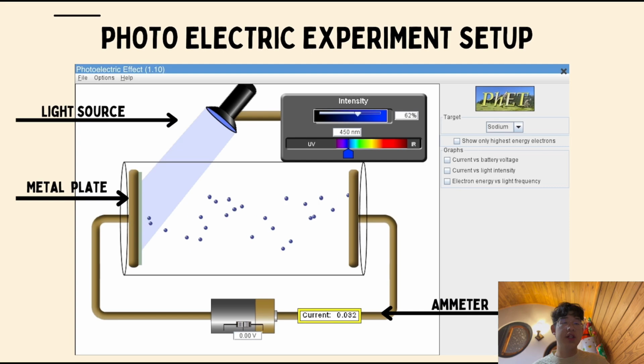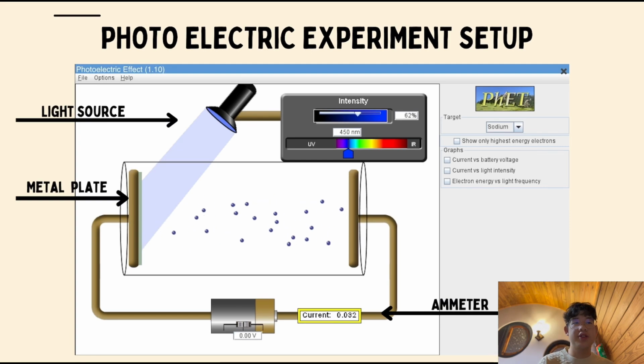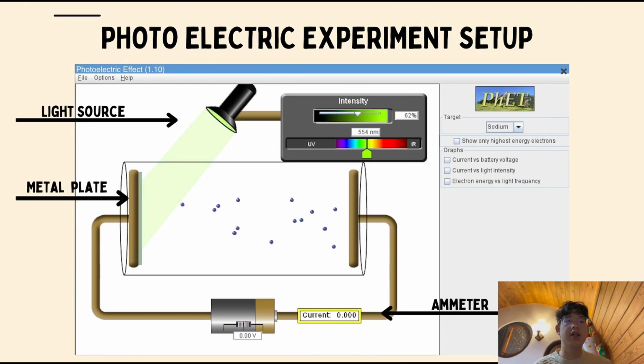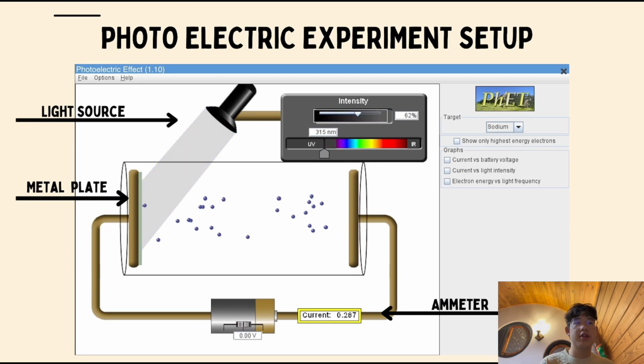These ejected electrons create a current, which can be measured using a detector. There are also several factors that may affect the outcome of the experiment, including the frequency and intensity of the light and the type of metal being used, because each metal has a unique property called the work function.